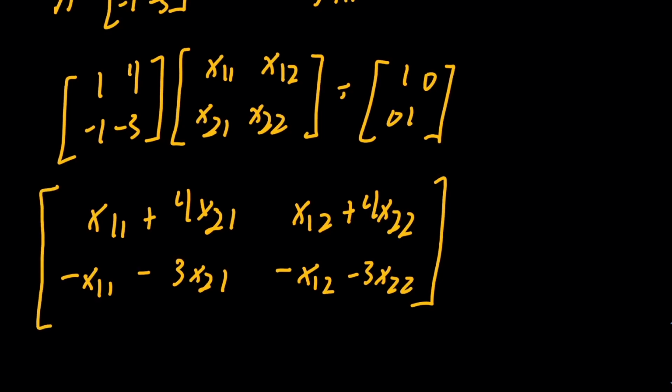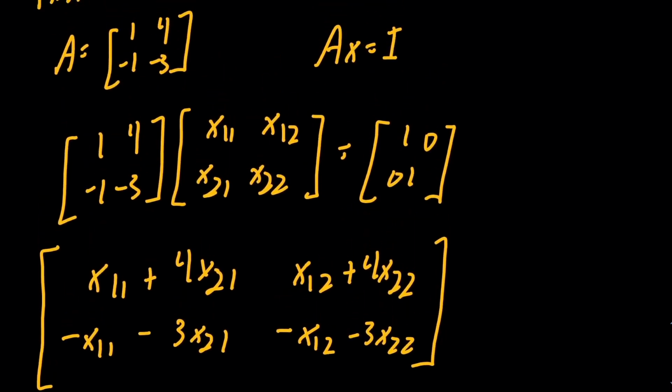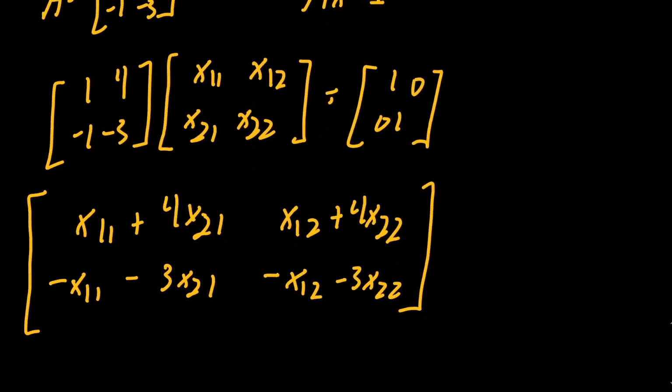These values are from performing matrix multiplication for the matrices A times X. And of course, this all still equates to our identity matrix.